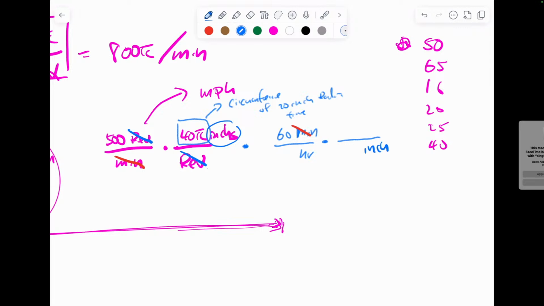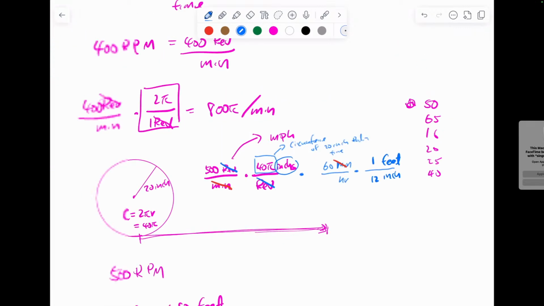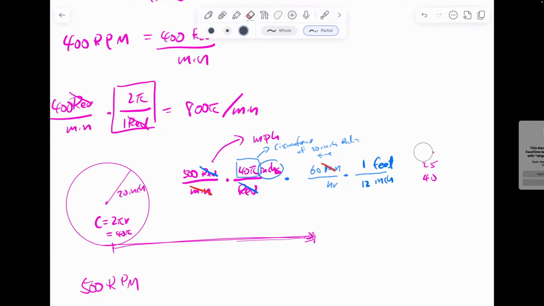And then what's on the top though? We have to go from inches to feet first, right? So how many feet equal 1 inch and how many inches equal 1 foot? Well, 12 and 1. Is that okay? So stoichiometry is not bad. No, it is not bad.